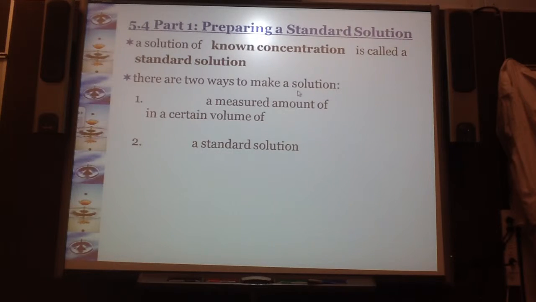Now, you guys will have to learn how to make standard solutions, using the suggestions you just gave me. The first one that you suggested is dissolve a measured amount, just like you said, put it on the weigh scale, a measured amount of pure solute, so in our example, measuring out copper 2 sulfate, in a certain volume of solvent, just like you said.